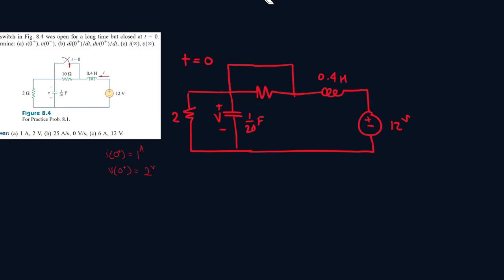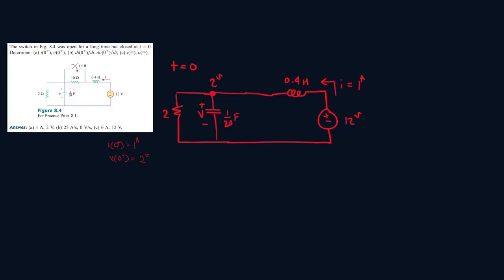So we can just redraw the circuit this way instead. We have a current passing through here, and obviously this current is 1 amp. The voltage at this region is going to be 2 volts. What we're trying to find right now is di over dt when t is 0, and dv over dt when t is 0.